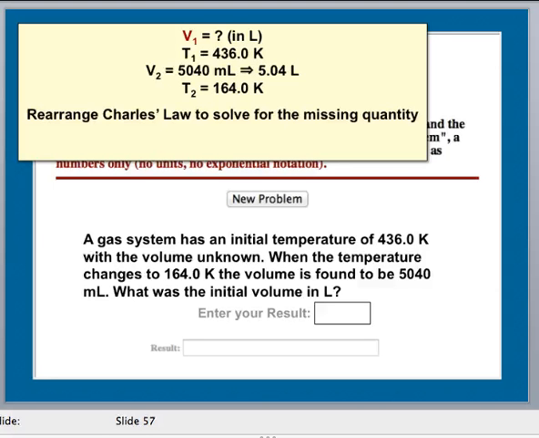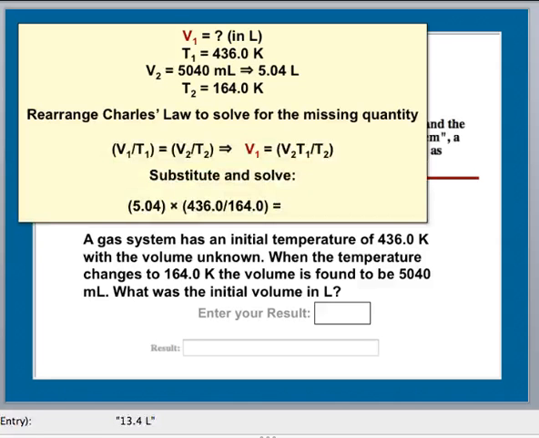Take Charles's law, V1 over T1, V2 over T2, and solve it for V1. V1 should be V2 T1 divided by T2.